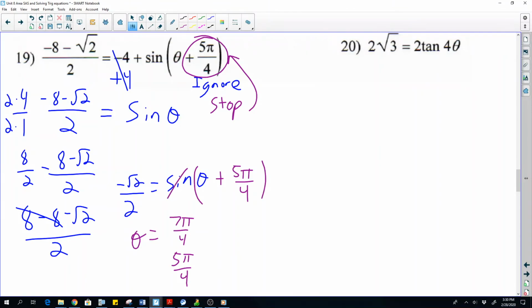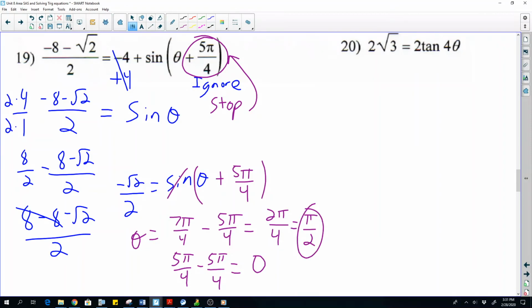And so now we have to minus, right? Do the opposite thing. So now we have to minus 5 pi over 4 to the other side. And so now we get 0. Theta equals 0, and then 7 minus 5 is 2. Pi over 4, 4 comes along for the ride, which is pi over 2. So we have 0 and pi over 2 for number 19.